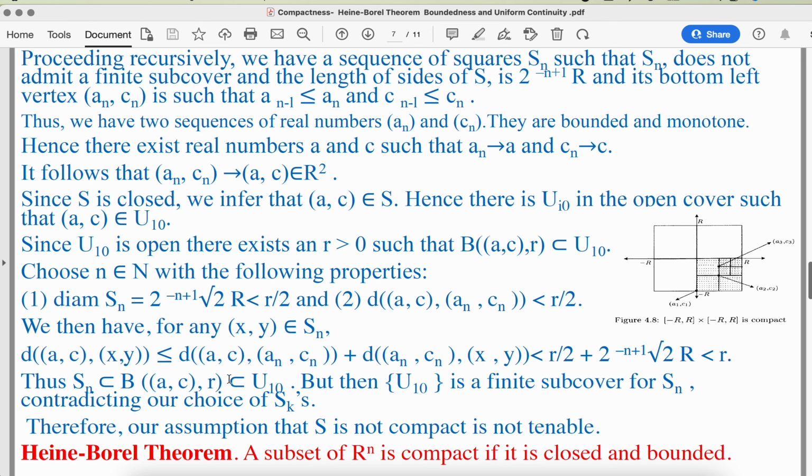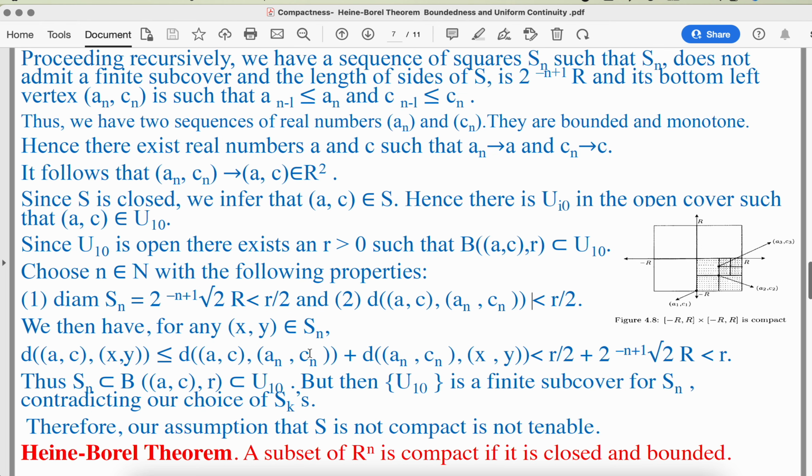We know that this distance is less than or equal to R by 2, and this distance is less than or equal to 2 raised to minus n plus 1 under root 2 into R. So this is obviously less than R. It means Sn is a subset of the ball centered at (A, C) and radius R, and this is contained in U i0. But U i0 is a finite subcover for Sn, which contradicts the choice of our squares. Therefore our assumption that S is not compact is not tenable.